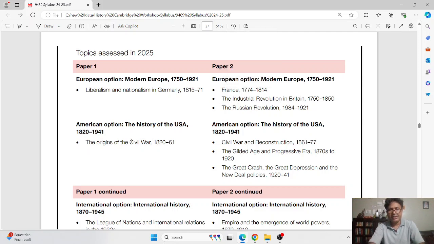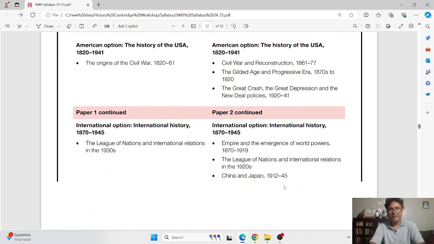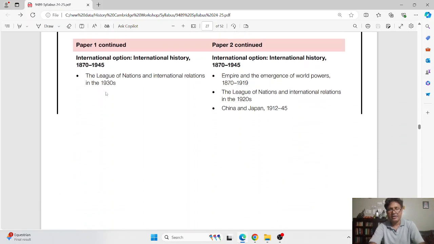Similarly, we have the prescribed topic for the American option, and 3 topics for paper 2. Again, we have the international option. Here we go. For 2025, we have the League of Nations in the 1930s for paper 1, while for paper 2 we have these 3 topics.